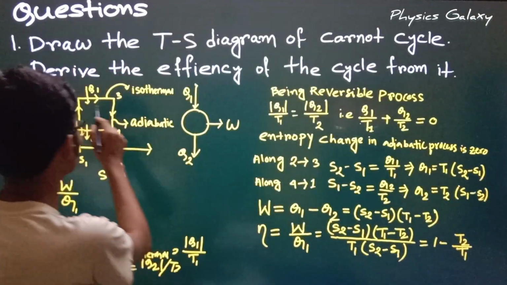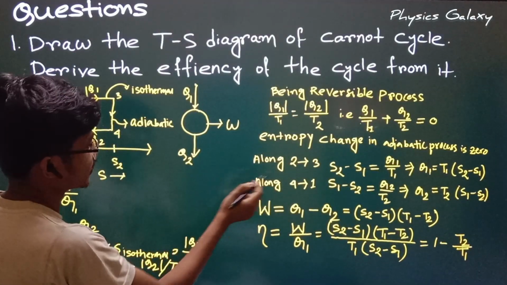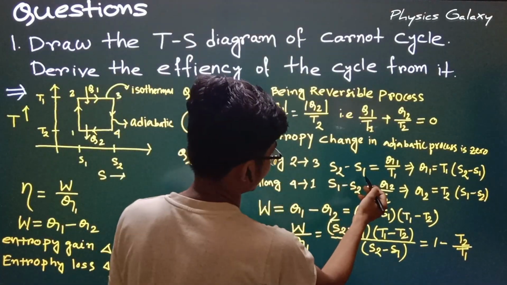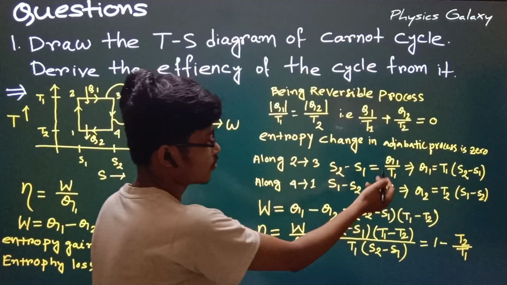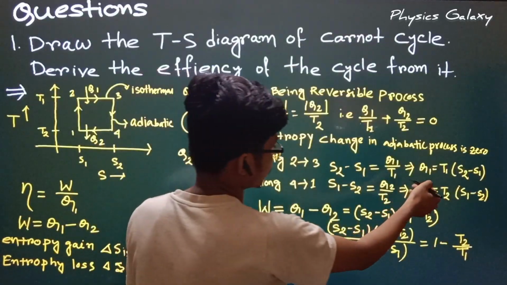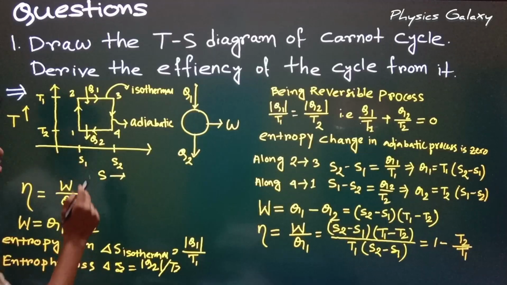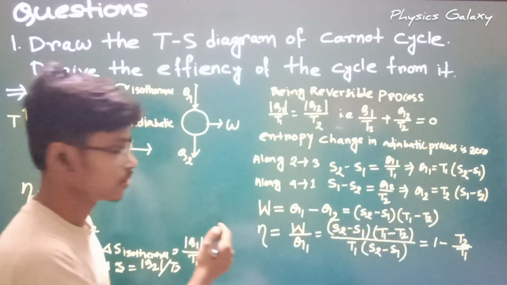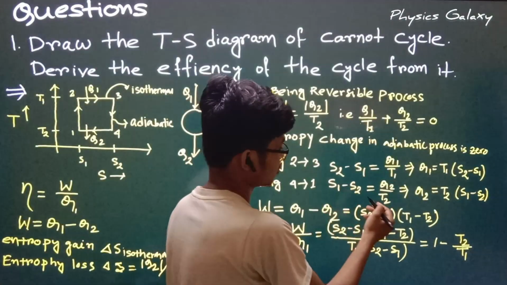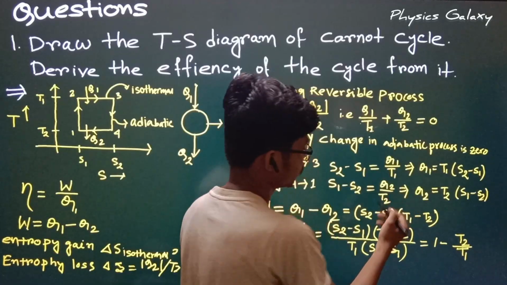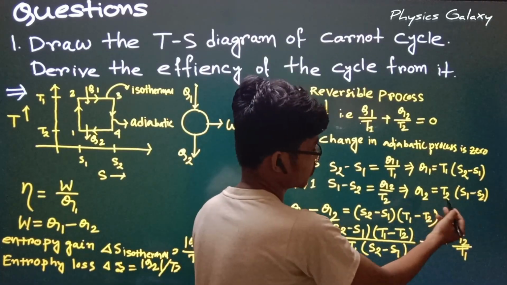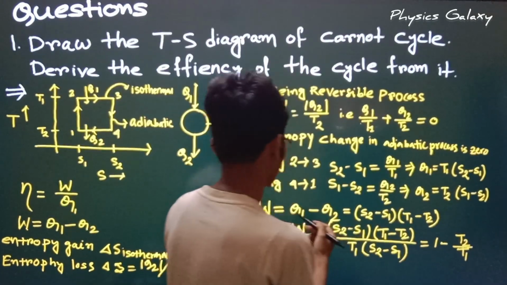Along the path 2 to 3, the entropy change S2 minus S1 equals Q1 by T1. From this we get Q1, and similarly from the path 4 to 1 we get the entropy change S1 minus S2 equals Q2 by T2. From this, Q2 equals T2 into S1 minus S2.